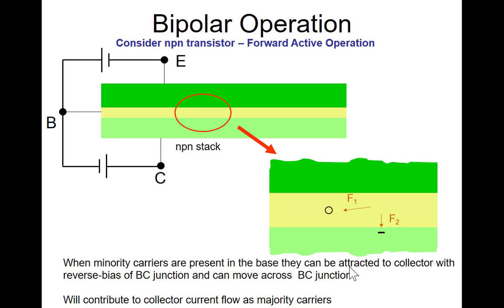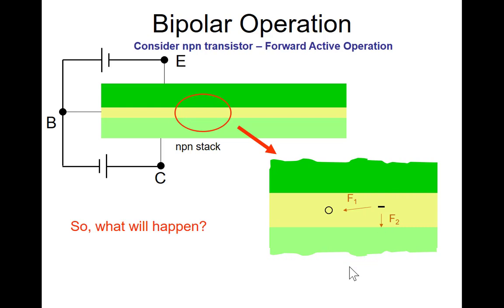We're going to see in a minute that if we can have most of them exiting through the collector, a small amount of power into the base may control a large current flow from the emitter to the collector. Okay. So what will happen is a win-win situation.